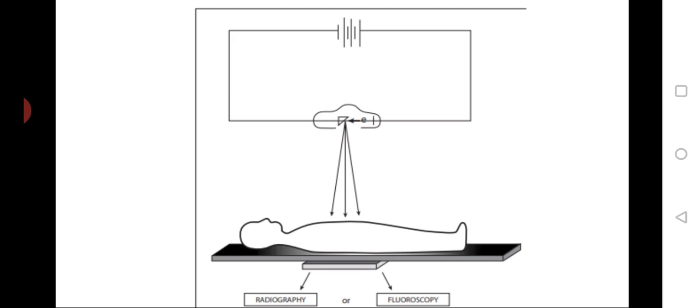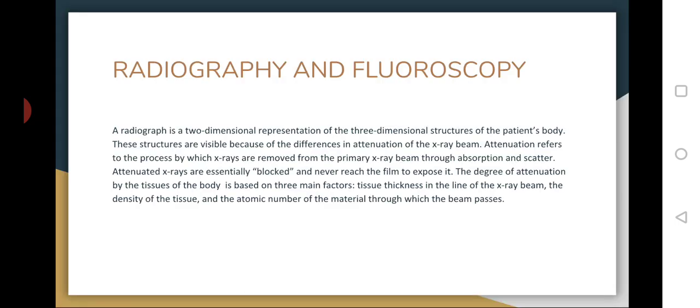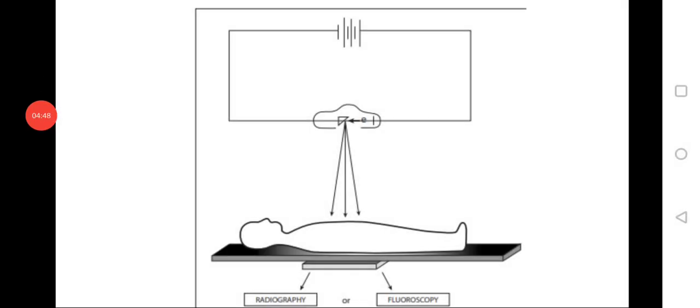Yes. So the cassette is just getting all of these rays that would get through the patient. And on the basis of what gets through, we'll get the information.